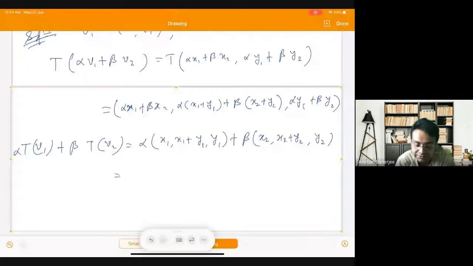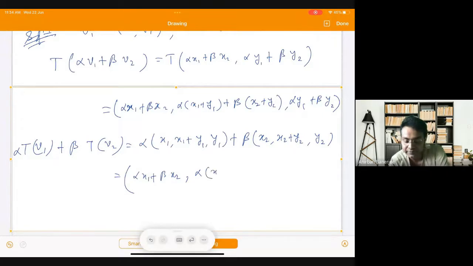And with this, what you can see is alpha x1 plus beta x2 comma alpha into x1 plus y1 plus beta into x2 plus y2 comma the third coordinate will be alpha y1 plus beta y2.